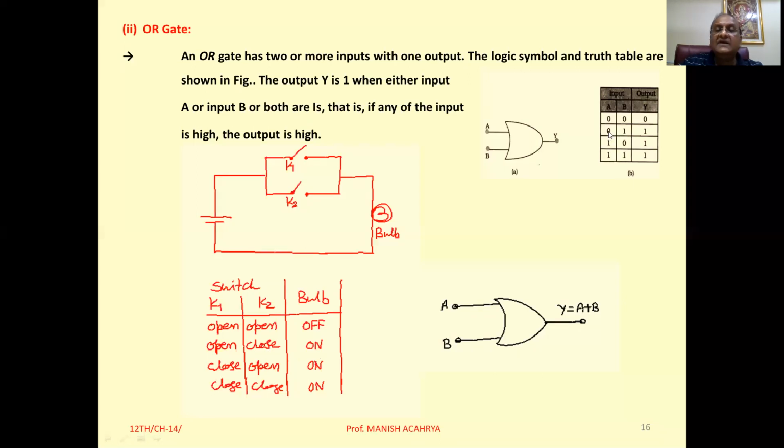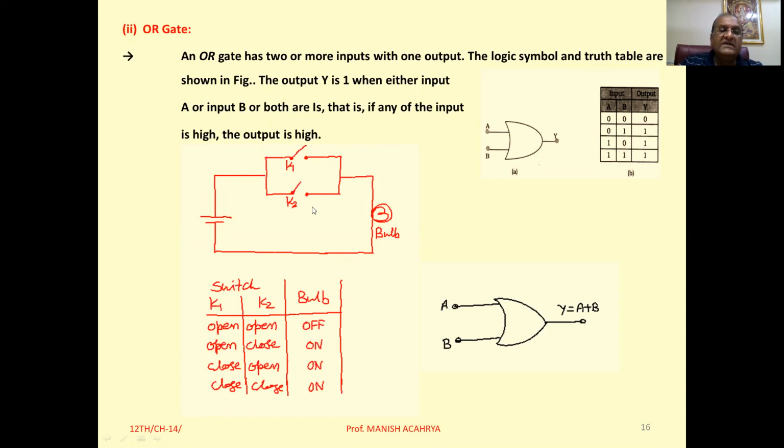It implies that A is absent, B is present, you are getting output 1. Then K1 is closed, K2 is open. Then also current will flow in the circuit through K1 and the bulb will glow. So we can say the bulb is on. So A is present, B is absent, then also you are getting output.